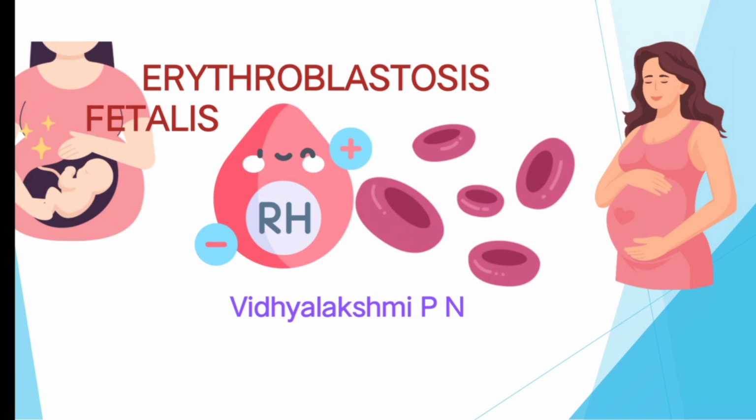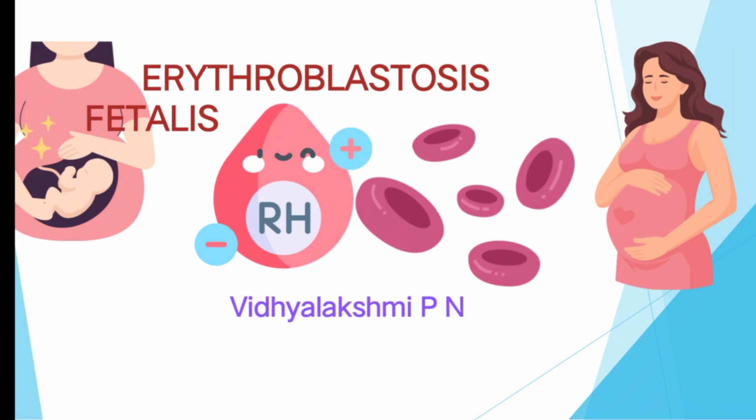In the same way, when this antigen enters the mother's blood due to placental separation or any other blood rupture, the mother's body will think it is a foreign body and act by producing antibody. So there happens an antigen antibody reaction.